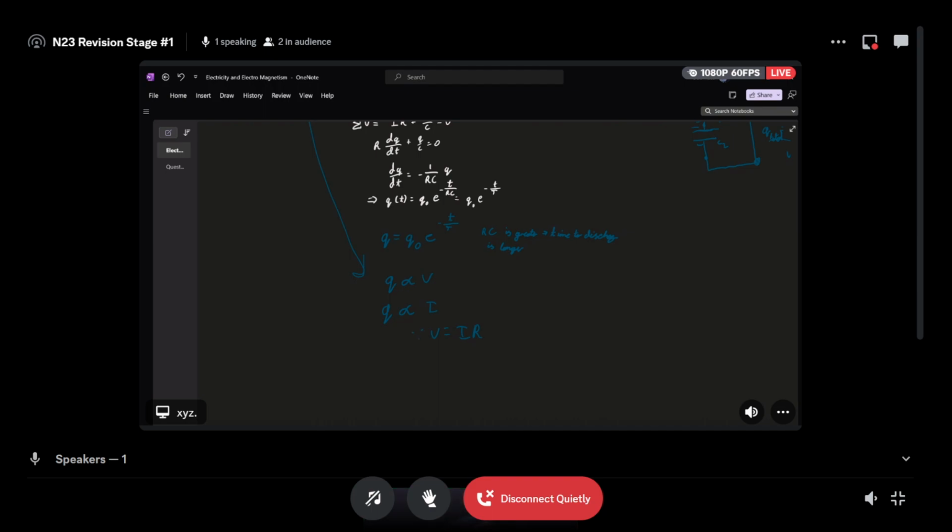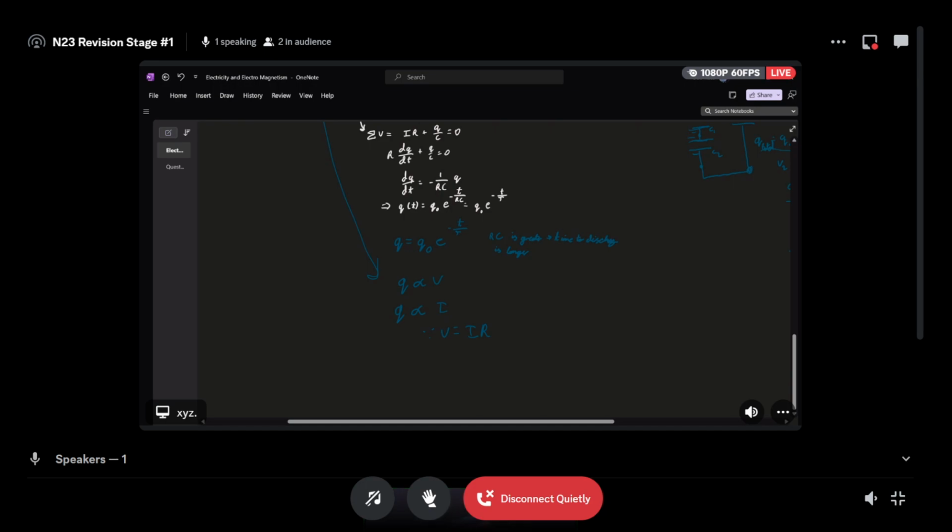Okay? And since our resistance and our capacitance are constant, that means that this equation can be expanded into this equation and this equation. Okay.